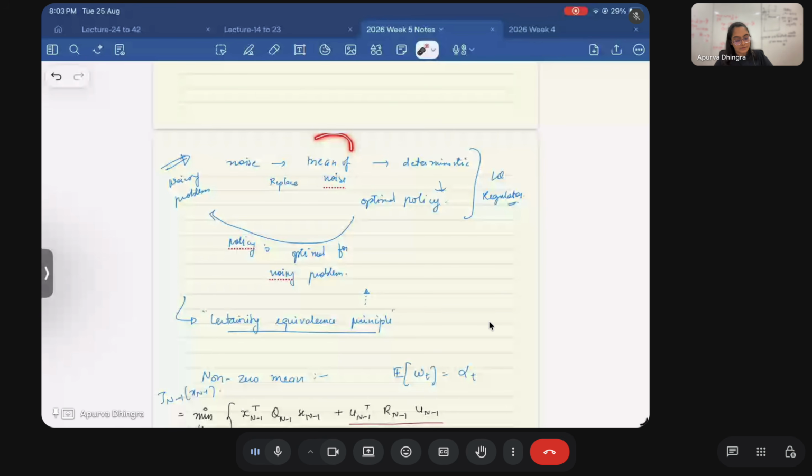This is something that tends to happen in LQ problems. In fact, this idea is many times applied even to nonlinear problems, hoping that this works. So this is one of the core principles. We saw what it means to take the mean of the noise, and how it shows up in the optimal action. It just becomes an offset factor.